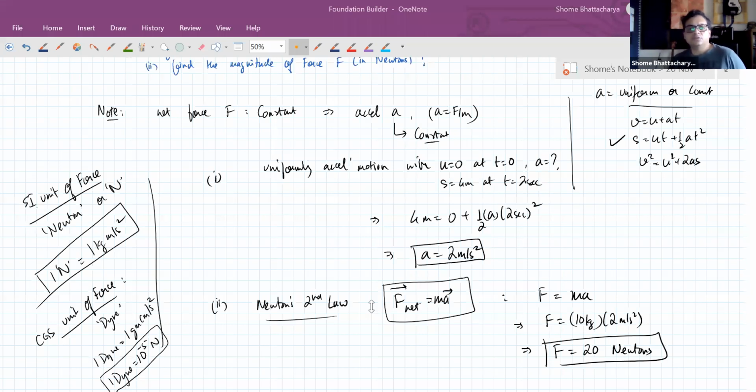How the displacement is 4 meters, that is given in the question. Read the question again.